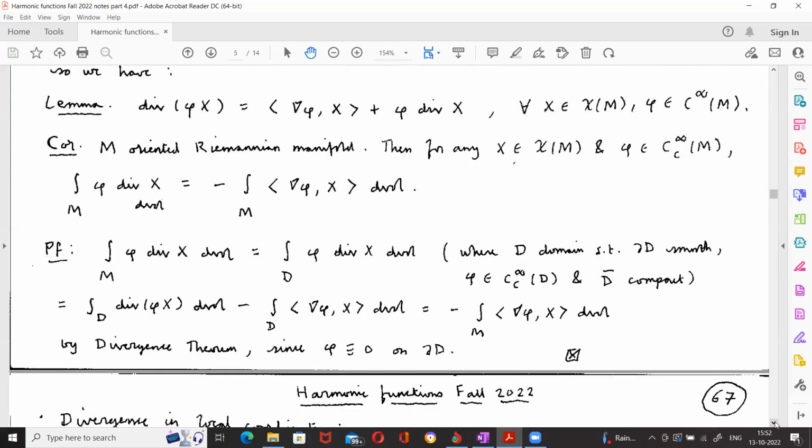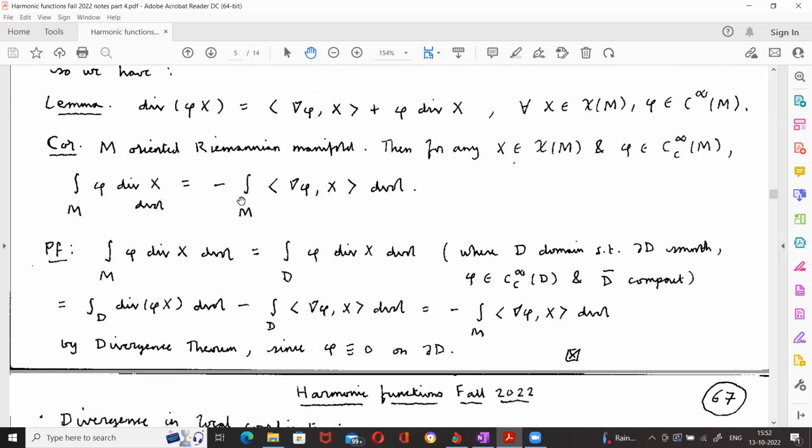As a corollary, if M is an oriented Riemannian manifold, then if we take any vector field X on M and any C infinity function phi, so any smooth function phi with compact support, then the integral over M of phi times div X dvol is equal to minus the integral over M of inner product grad phi with X dvol.